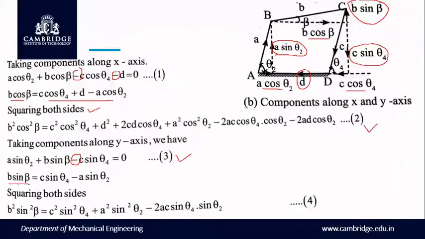Let us take b sin beta to the left hand side and let the remaining terms be on the right hand side. By squaring this equation, we get b square sin square beta, and on the right hand side another term in the form of a minus b whole square. We know that a minus b whole square is equal to a square plus b square minus 2ab. On substituting the corresponding terms, we get equation number 4 in this form.